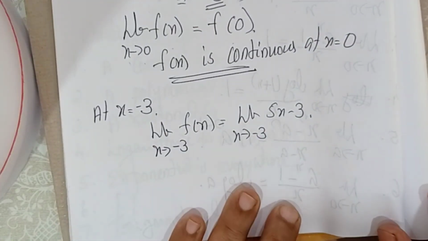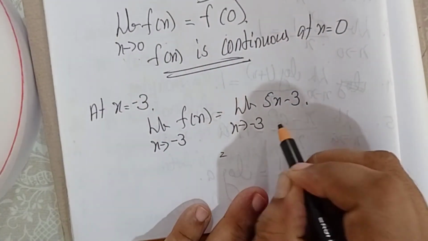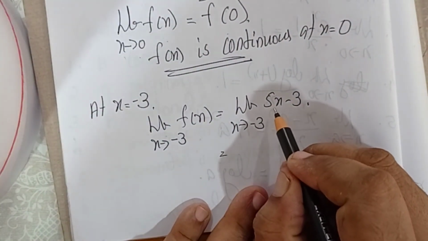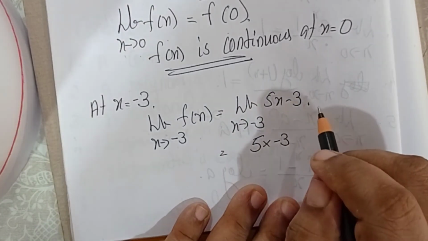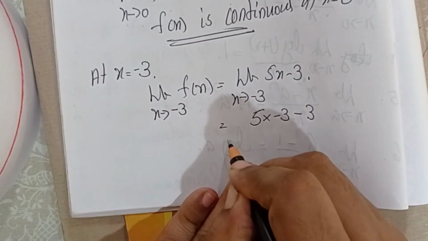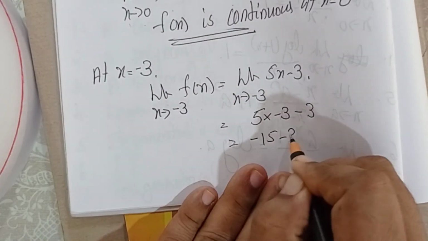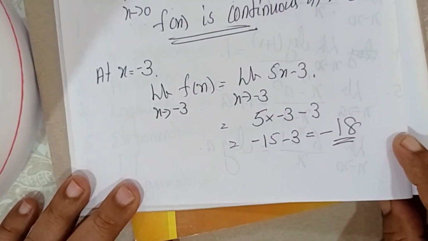Copy the question also. X tends to minus 3, 5x minus 3 means in the place of x substitute minus 3. 5 into minus 3, that is minus 15 minus 3. What is the final answer? Minus 18. Very good.